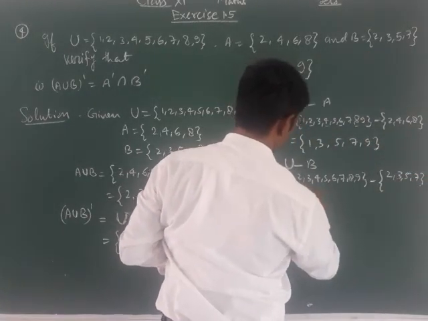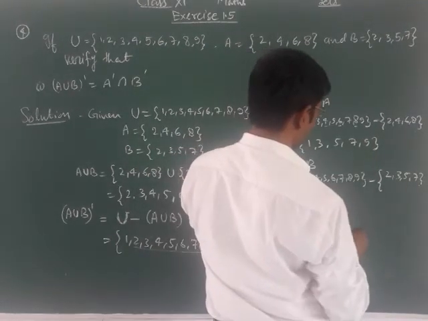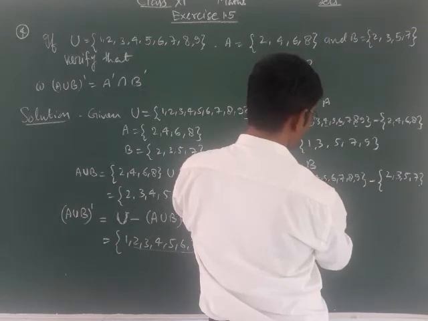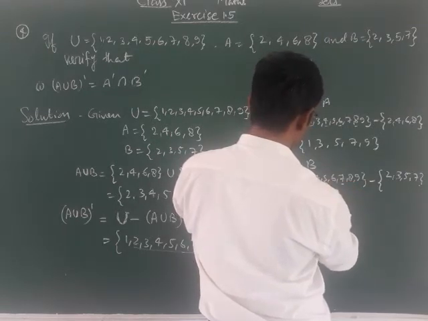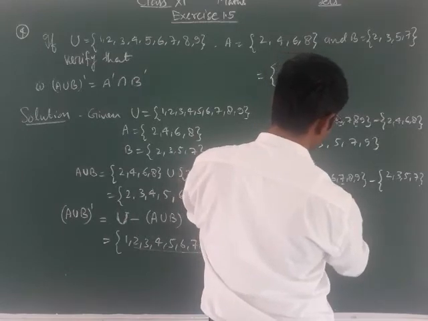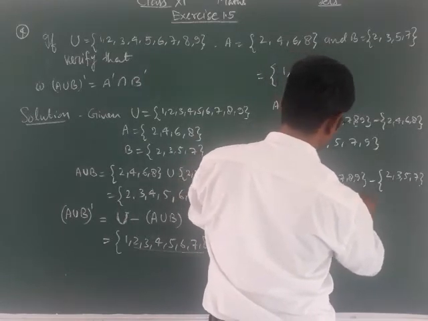So this is 1, and 2, 3, 5, 7 are present. So 1, 4, 6, 8 and 9.